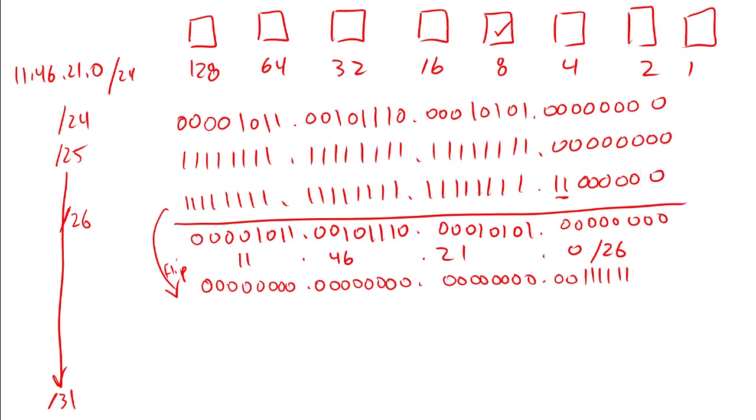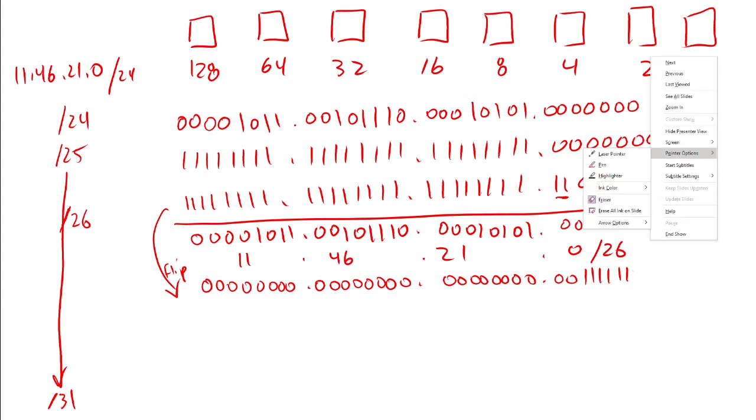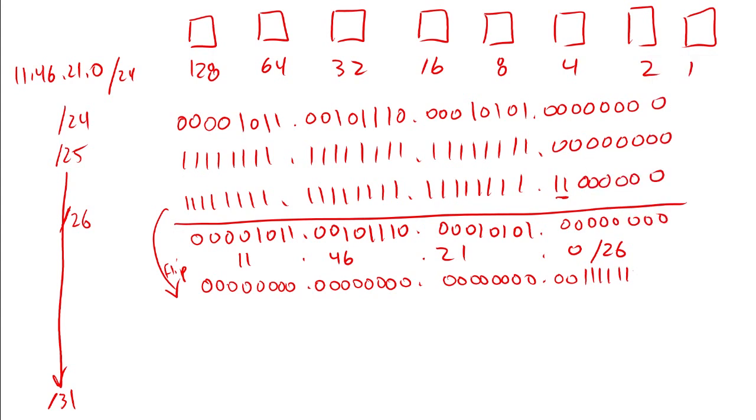So what does 6 ones give us? 1, 2, 3, 4, 5, 6. If we add those up, we've got 32 plus 16 plus 8 plus 4 plus 2 plus 1, which is 63. So 0.0.0.63. We can add that.